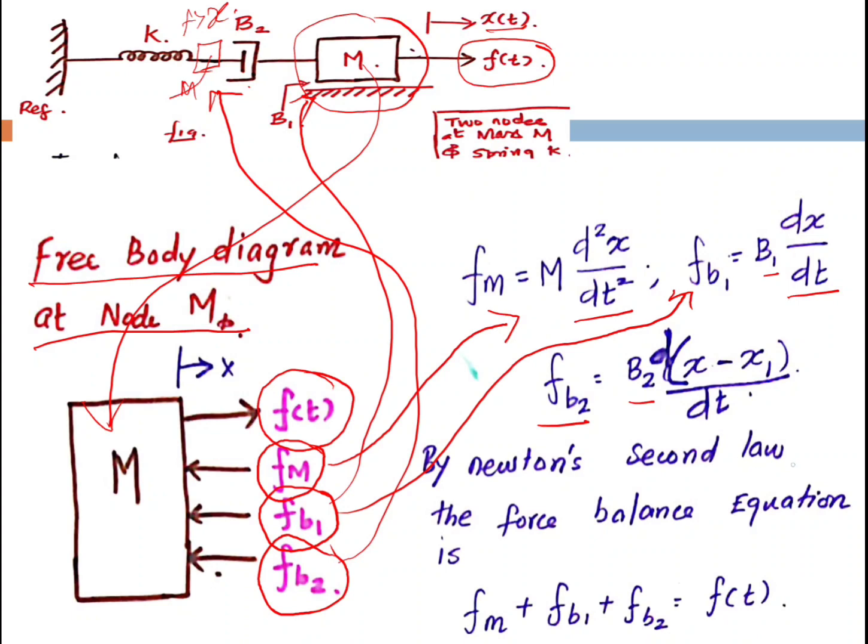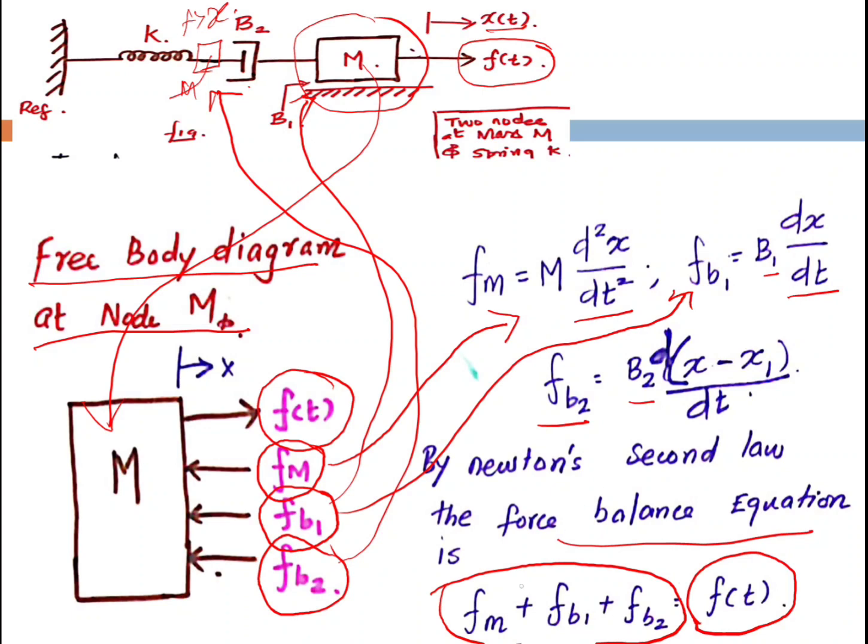By Newton's second law, the force balance equation is that the sum of all the forces on the node is equal to 0. That is, the applied force is equal to the opposing forces. The applied force is f of t, that is equal to the sum of the opposing forces, Fm plus Fb1 plus Fb2.